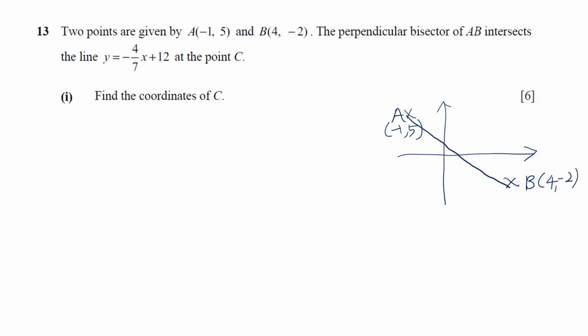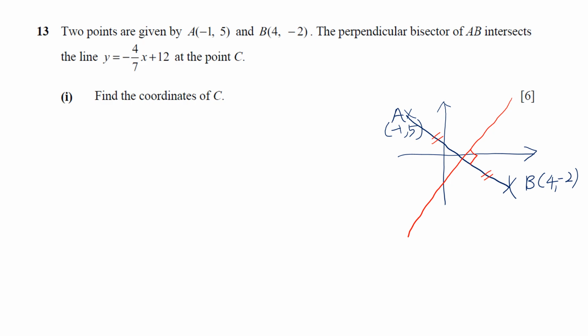And the perpendicular bisector of AB, meaning you have another line that will cut through AB. Perpendicular bisector means it divides the line segment AB into 2 equal halves.